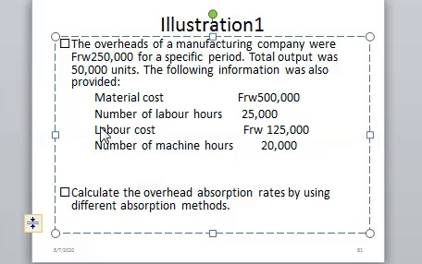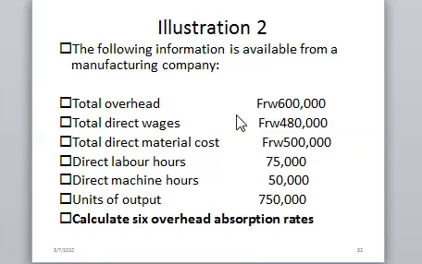If you are looking at it in terms of labor cost, still it will be the total overhead cost divided by the total labor hours. If you are looking at it in terms of machine hours, it will be the total overhead cost divided by machine hours. So this one you can calculate. It is not very complicated. You can go through it. You can as well go through this example, which is similar to what we have talked about.